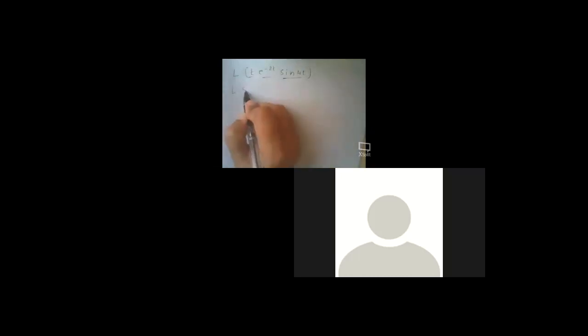So the Laplace of sine 4t is equal to 4 upon s square plus 16. The Laplace of t sine 4t is equal to minus d/ds of 4 upon s square plus 16. Okay, so this is equal to minus. Now let us differentiate. The differentiation of 4 is 0. 0 into the denominator, 0 minus 2s into 4, upon (s square plus 16) whole square.